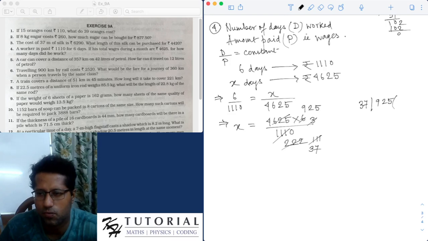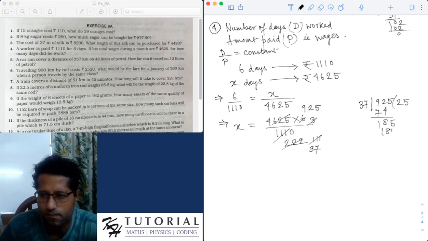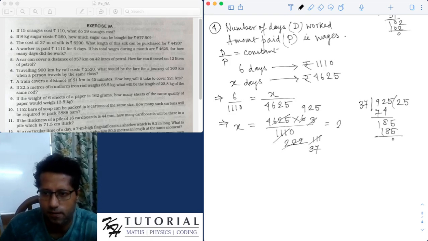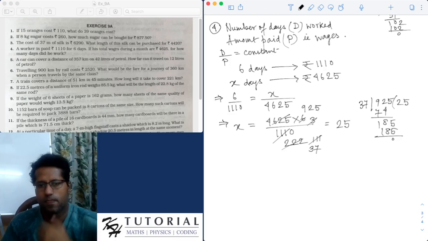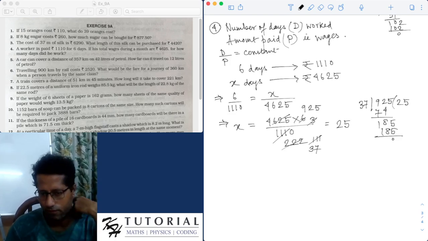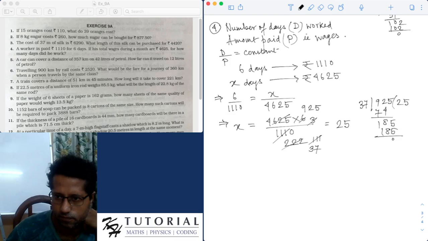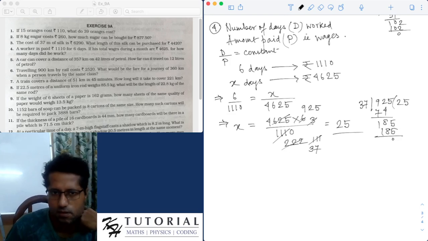Yes, it gives 25. So if the worker works for 25 days, then he will be paid rupees 4625. So this is the answer.